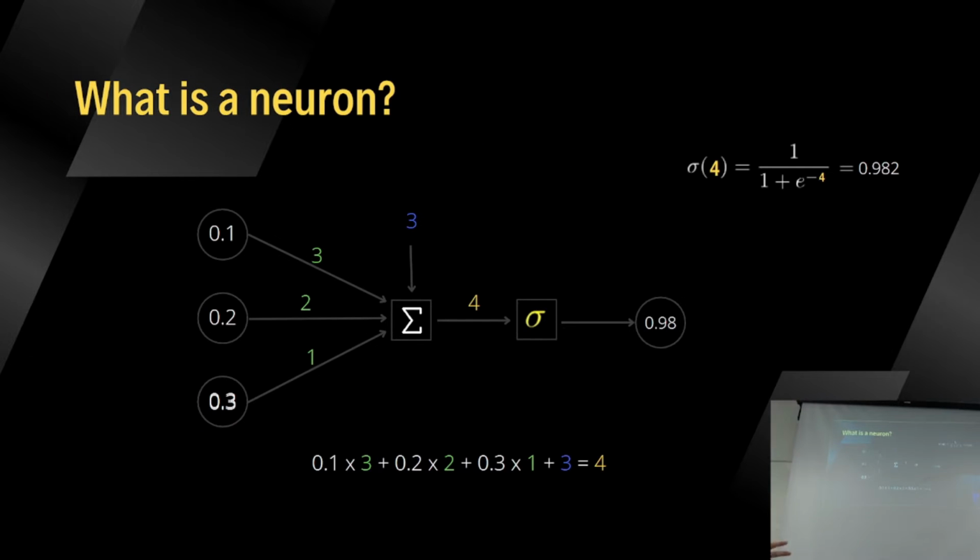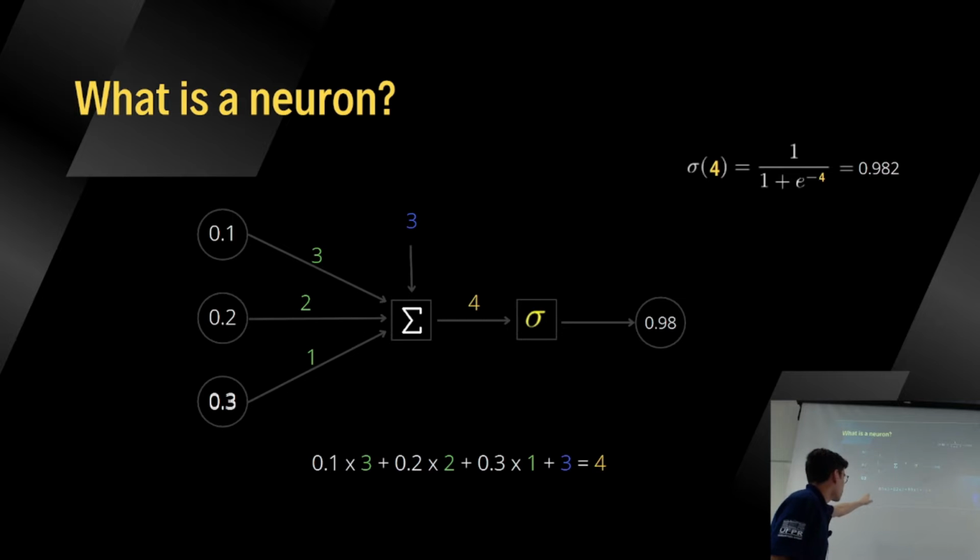So what is happening inside the neuron? Here is a numerical example with 3 input neurons and 1 neuron in the output. 0.1, 0.2, 0.3 are the inputs. 3, 2, 1 are the weights. This number 3 is the bias.